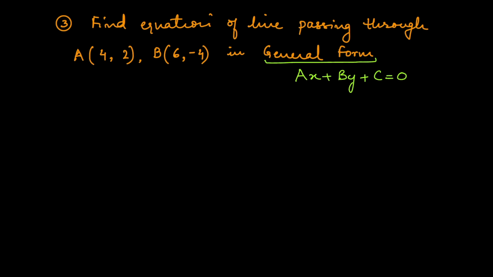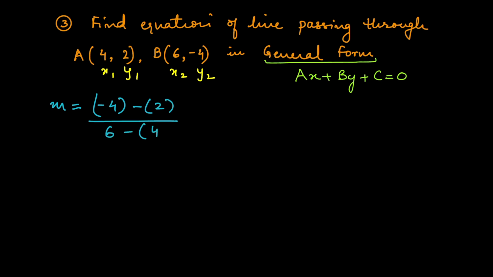Now the next question. In this we have to find the equation in the general form. So we again take the first point as x1 y1, the second point as x2 y2, and we start. First we always have to find the slope using the 2 points, that is minus 4 minus 2 over 6 minus 4, so minus 6 over 2, which when divided will give you minus 3.